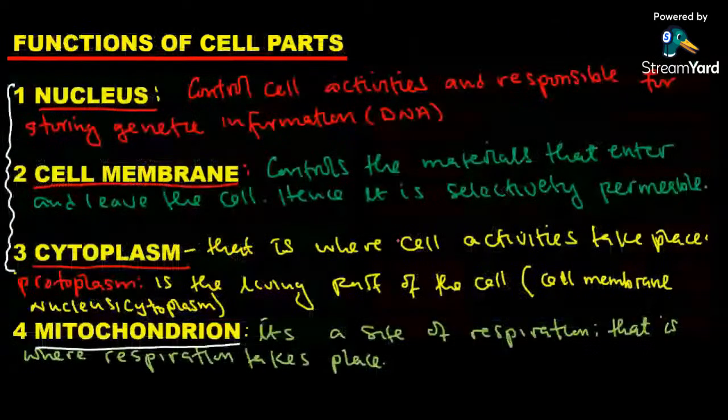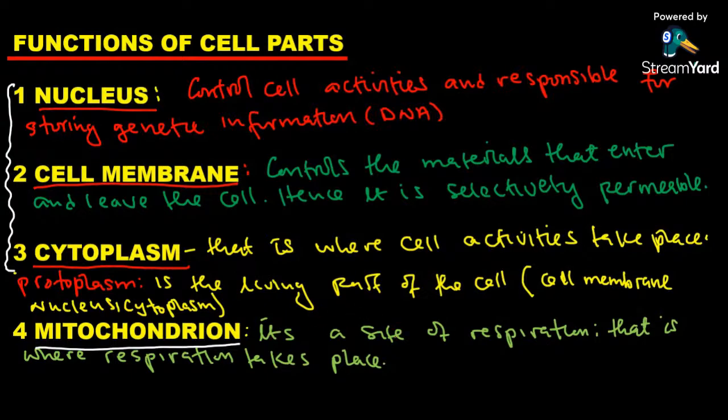Now, what is the function of the mitochondria? It is a site responsible for respiration. It is a site for respiration. Now, if it is the site for respiration, then that is where energy is produced. You know that respiration at the end produces what? Energy. So in terms of function, you can say it is a site for respiration, or that is where respiration takes place.